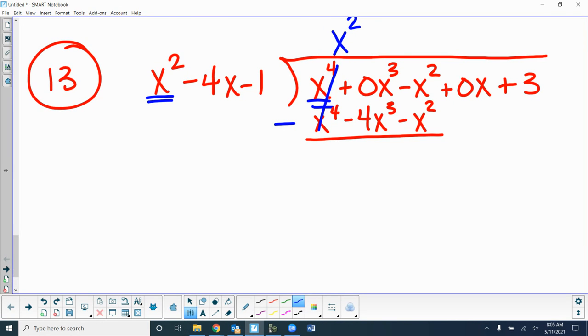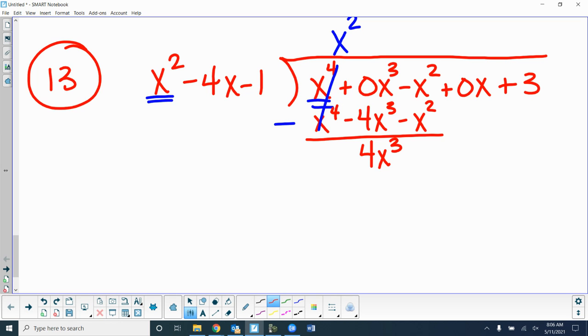Now watch here. You have a 0 minus a negative 4, which ends up being what? Addition, right? So it's a positive 4x cubed there. I have a negative 1 x squared minus a negative 1, which is plus 1. So what's a negative 1 plus 1? That's a 0, right?